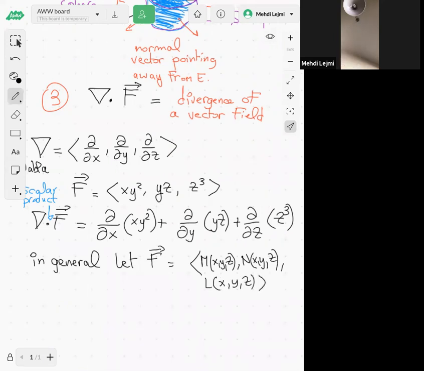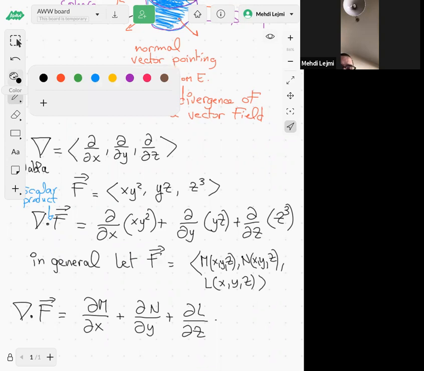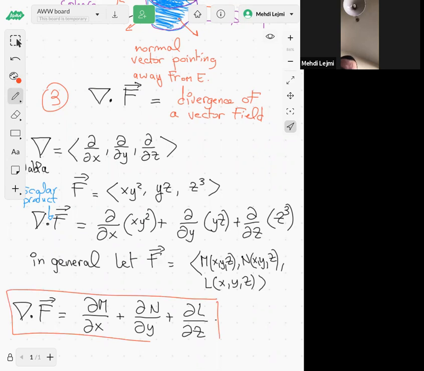Of course, it has three components because we are in space. When you do the divergence of F, this is simply partial M partial x plus partial N partial y plus partial L partial z. That's what I mean by the divergence of vector field F.